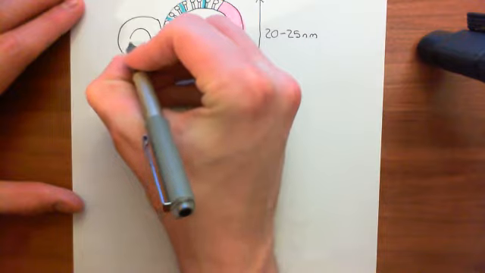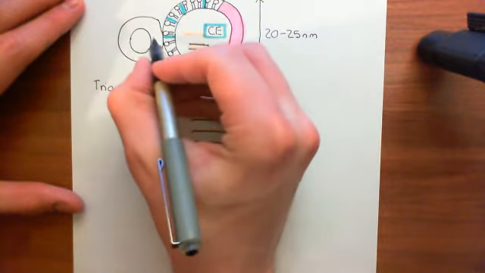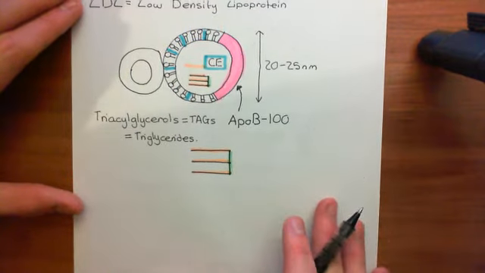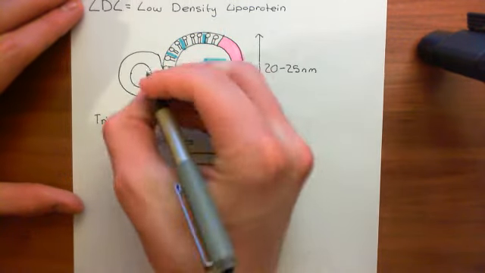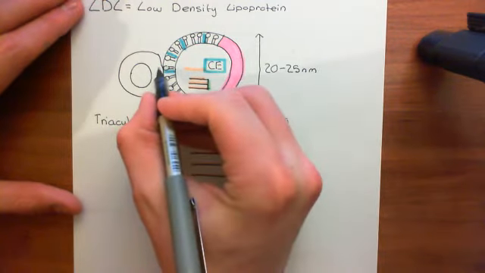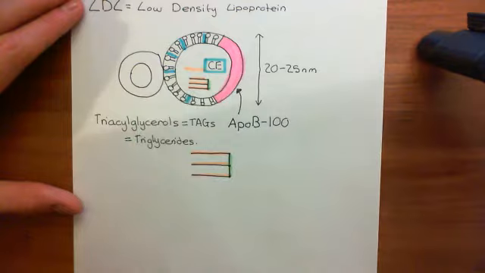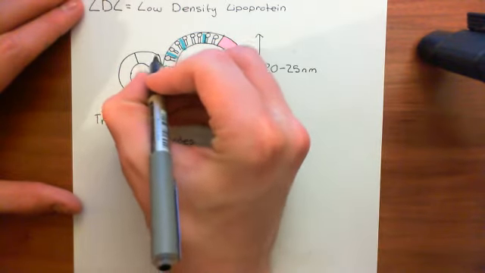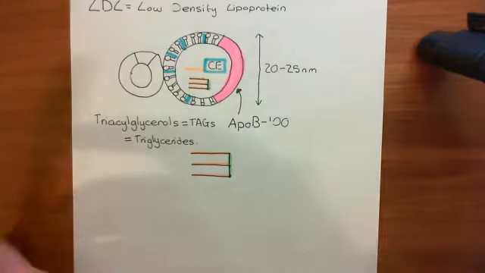And what will happen is the high-density lipoprotein will come into contact with the low-density lipoprotein here. Now, this is going to involve another protein which is on the surface of high-density lipoproteins, which we haven't talked about before. So let's just remind ourselves of the structure of a high-density lipoprotein.